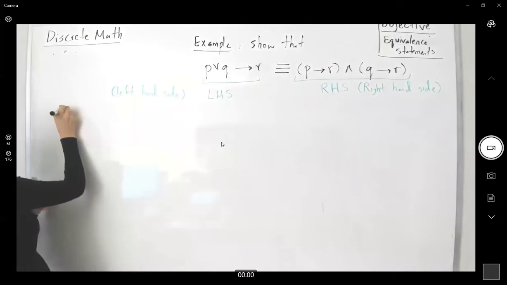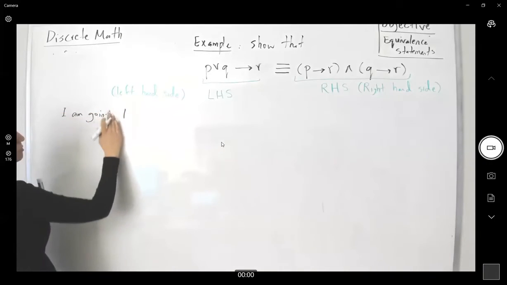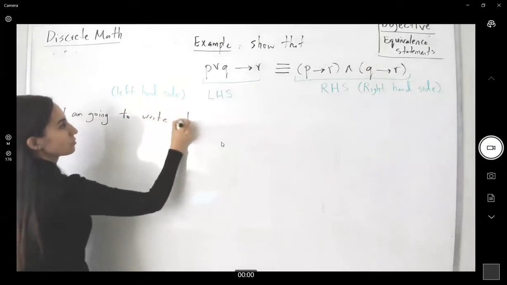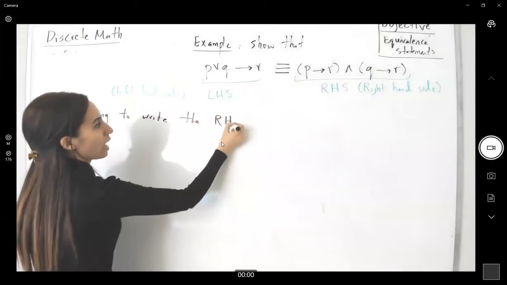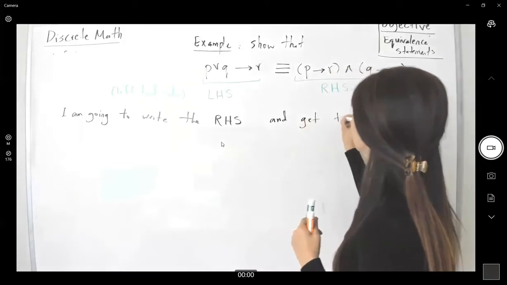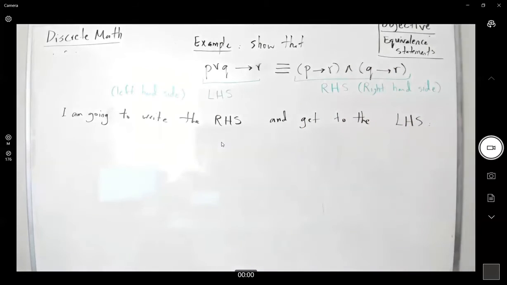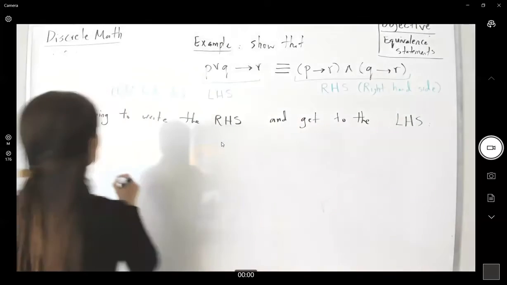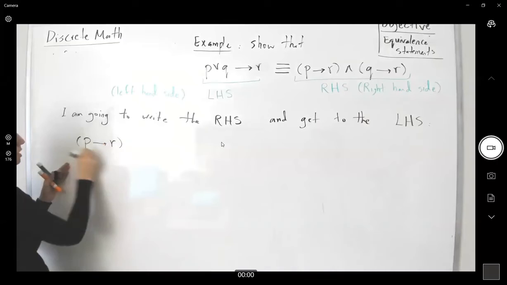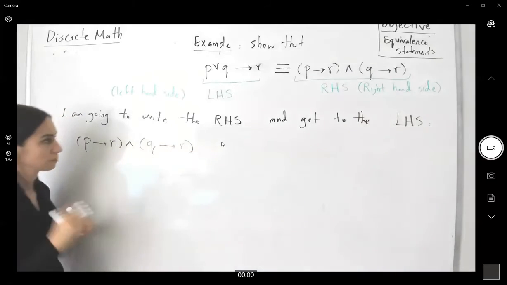I'm going to write the right-hand side and get to the left-hand side. Well, my right-hand side is written as P, then R, and Q, then R. There you go.